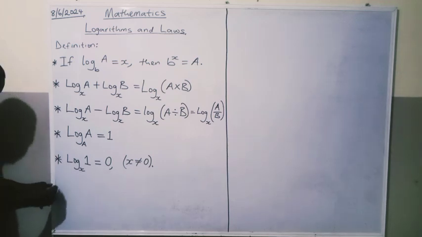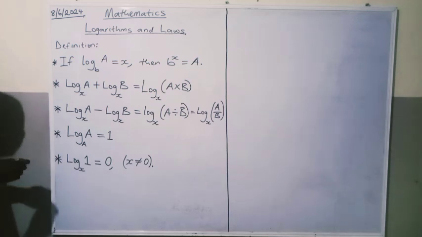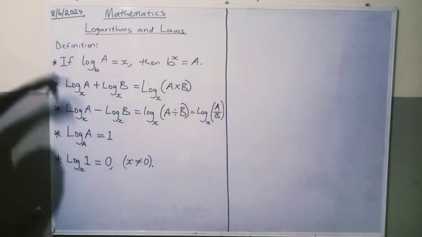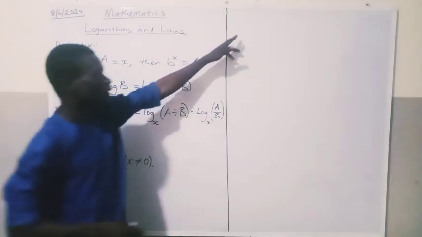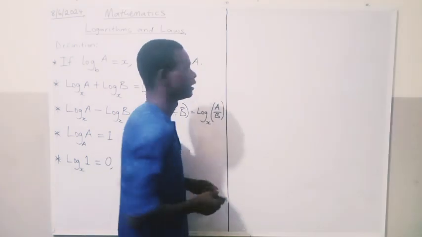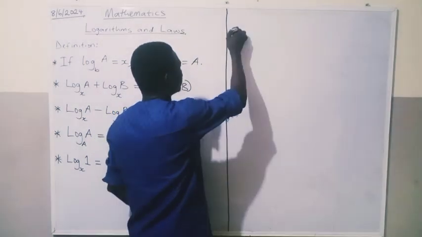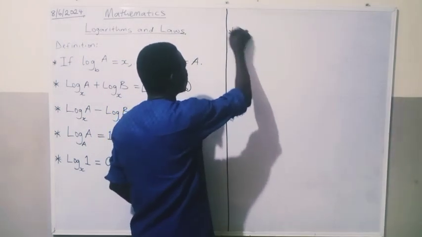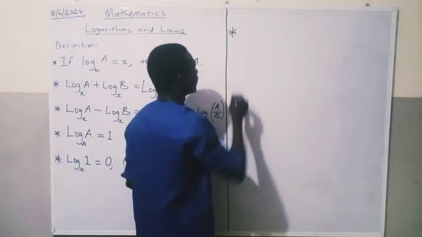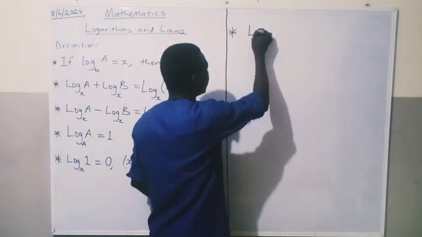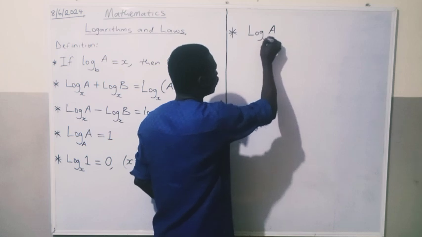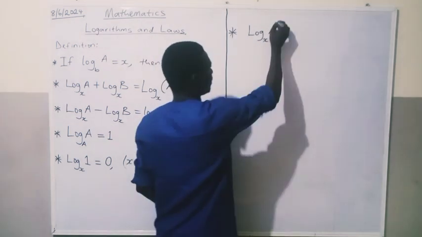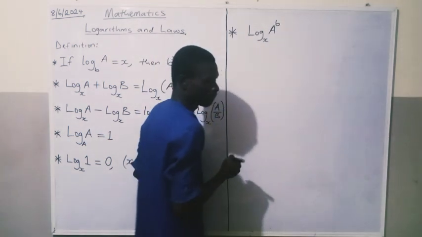Alright, so for the next laws, I would like to write the last two, because emphasis needs to be laid on them. Law number 6 is this: log a to base x, and a is carrying the power b.